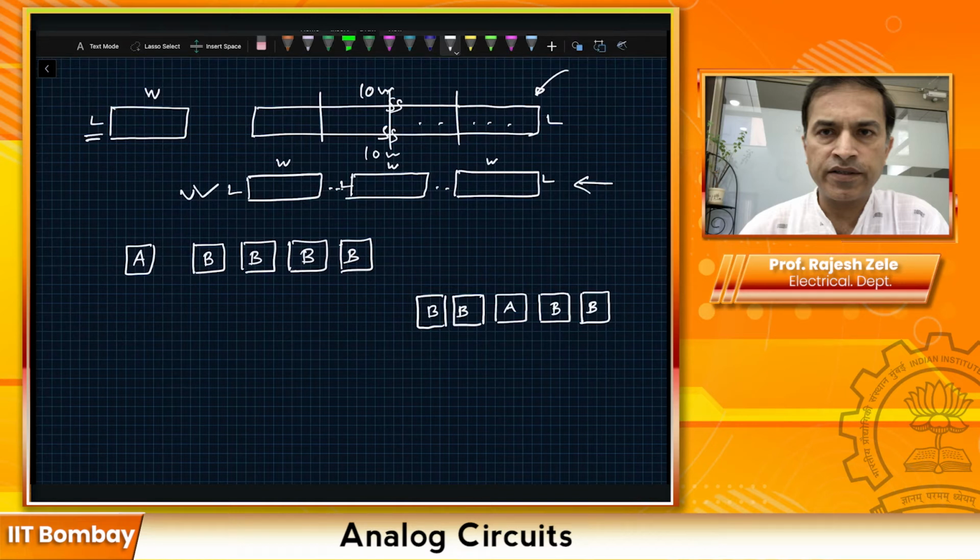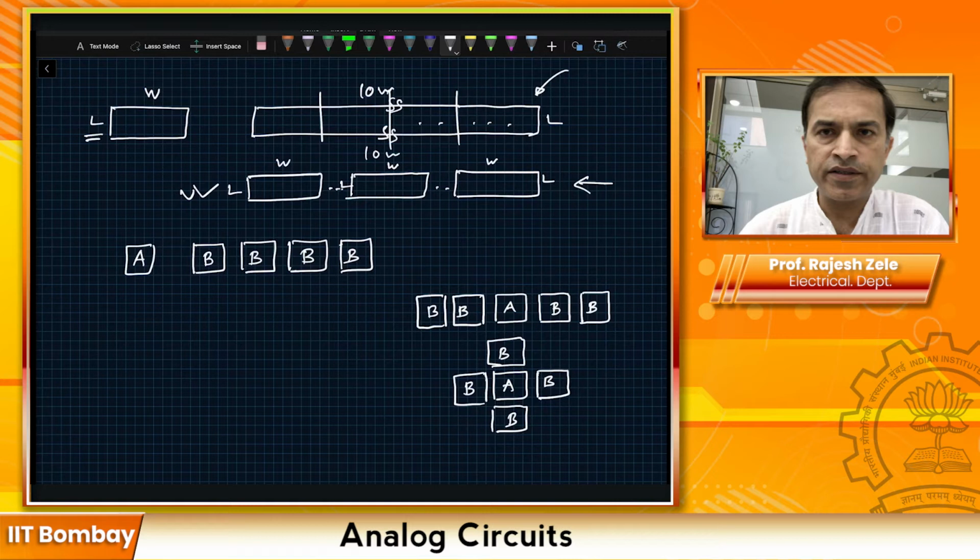And an even better layout would be if you do one A transistor here, and then you do the other transistors over here. So this would be your B, and B, and B, so that the transistor A, from which you are multiplying, is right in the middle. So analog design is all about this. Basically, how do you make exact copies in presence of all manufacturing variations?